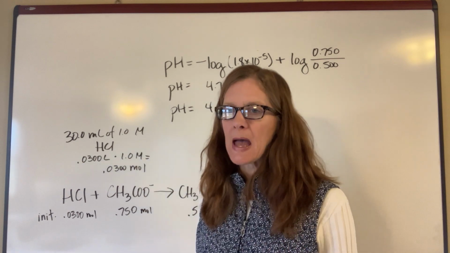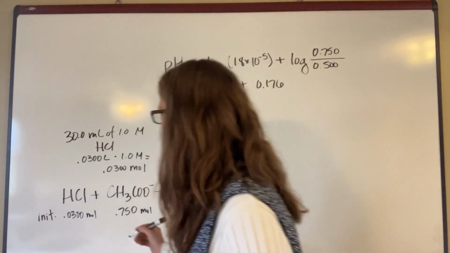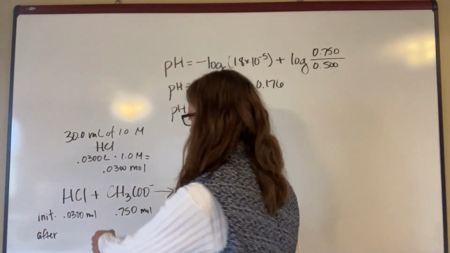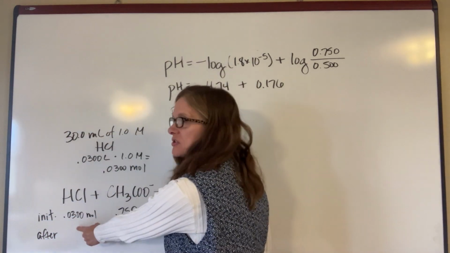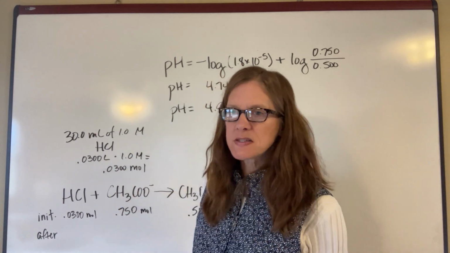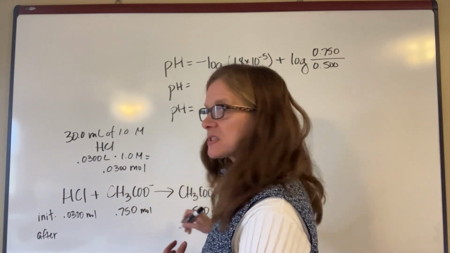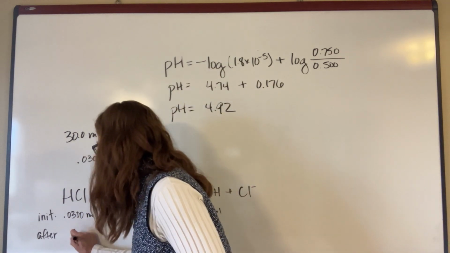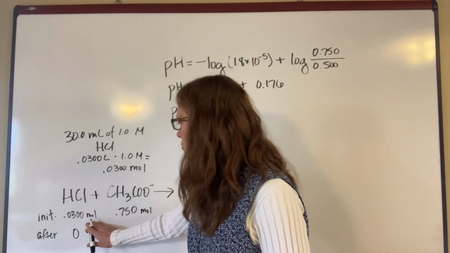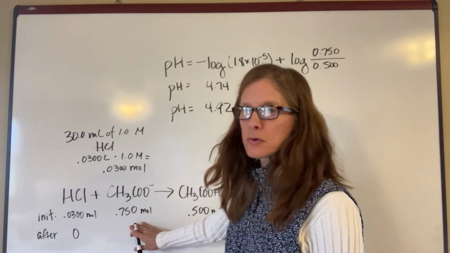So after the reaction happens, what am I going to have left over? Well, what's my limiting reagent here? Well, obviously I have a lot less hydrochloric acid than I do of the acetate ion. So after this gets finished, this hydrochloric acid is going to go down to nothing. I'm going to use up 0.03 moles here.